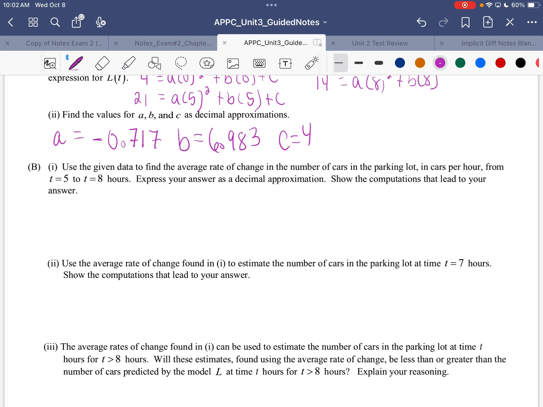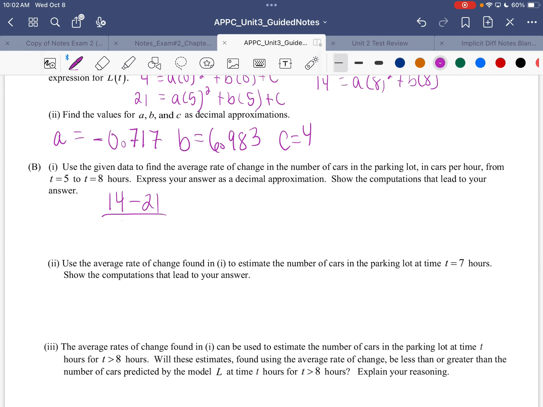All right, what's the slope for B? Negative 2.3 is not going to be enough decimal places. Are we just writing negative 2.33 for the slope? Yes, 14 minus 21 over 8. Is it 8? Yeah.